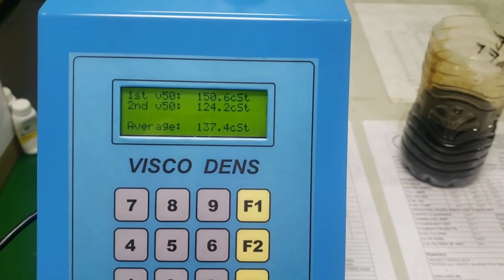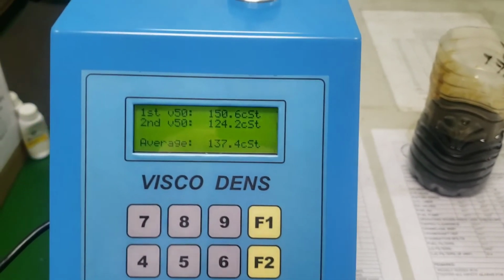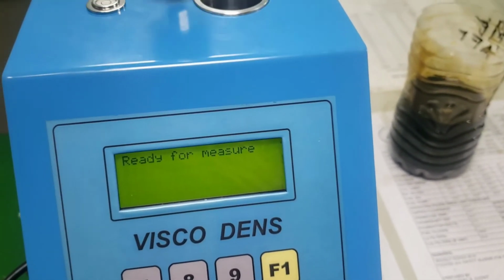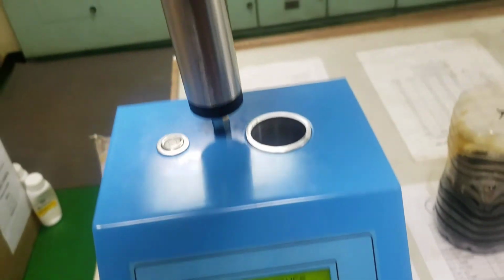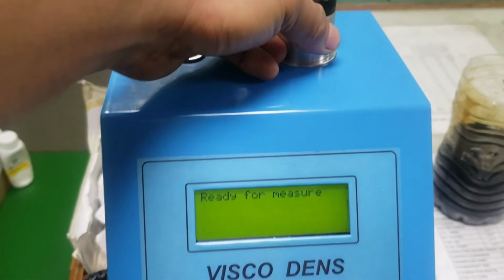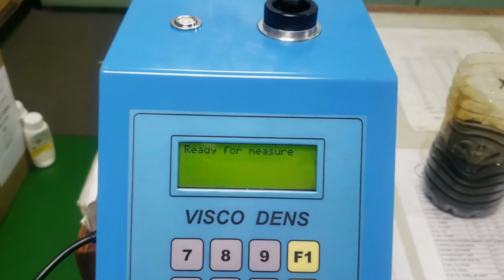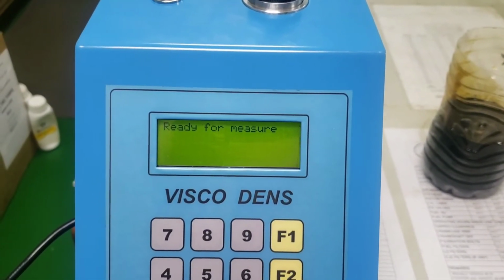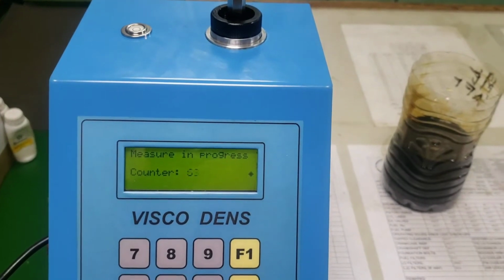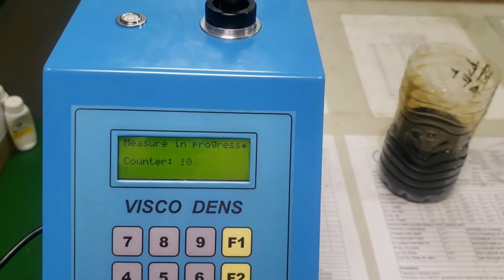So the average is 137. So we're going to have our third attempt. We're going to revert our tube again for the last time. So this is the third.